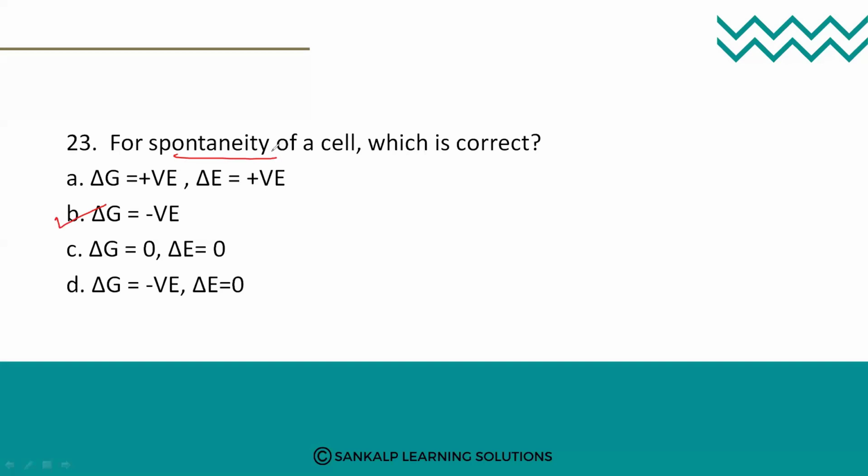This you have to remember. For any cell reaction to occur, for any spontaneity of a cell, delta G will always be negative and E naught of the cell will always be positive.